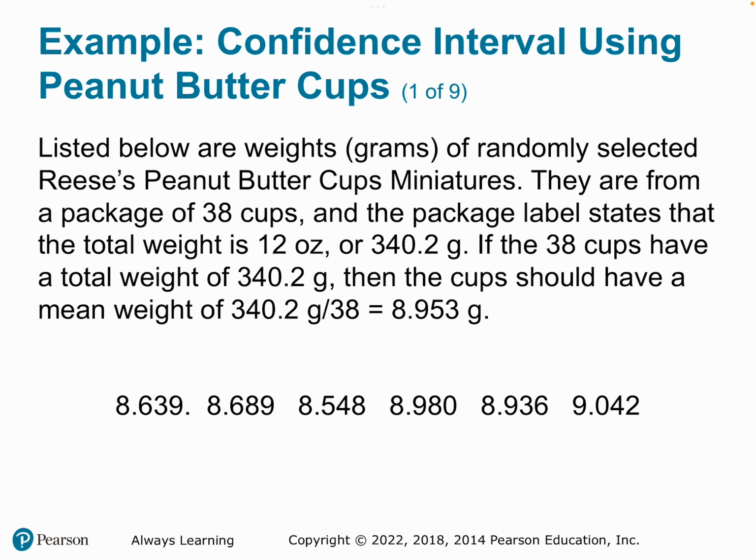Now, because we have the original values instead of summary statistics like x bar, we can go ahead and enter these values into our calculator and then use the appropriate command to build the interval. I'm going to go ahead and switch over to my calculator app to show you how to do this. You might want to write these down and follow the steps yourself so that you can practice.